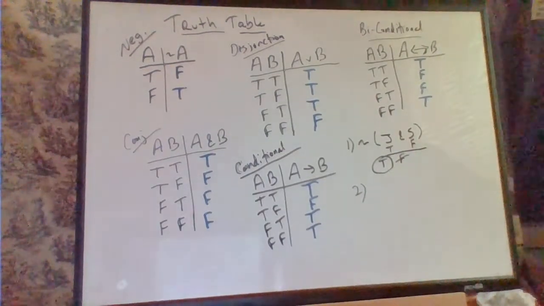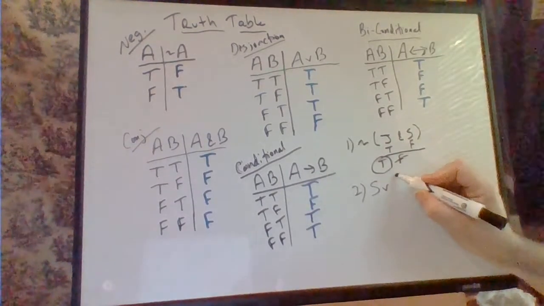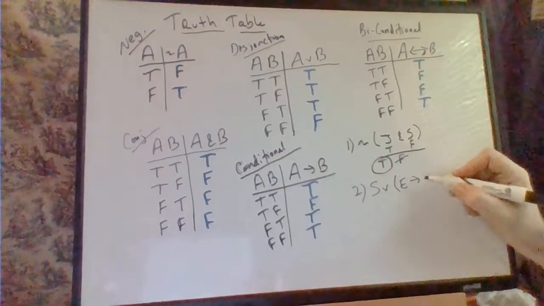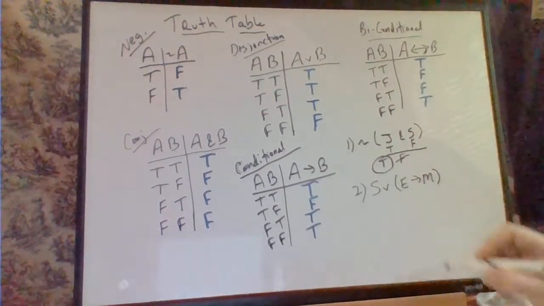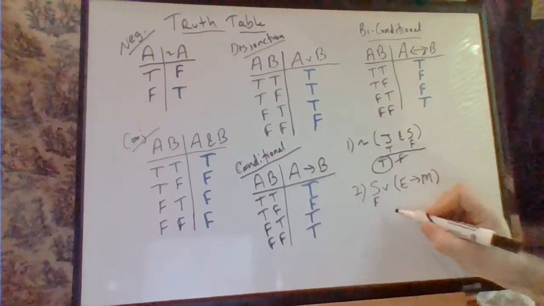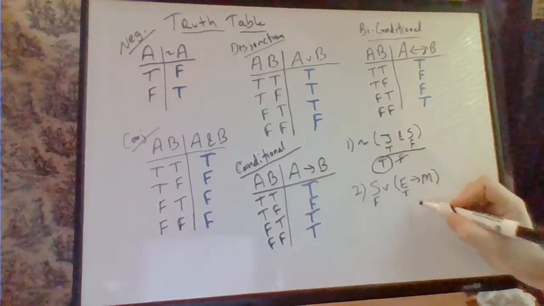The second one, either the Sun is a planet, or if the Earth is a planet, then there is intelligent life on Mars. Okay. The Sun is a planet. That's false. We've seen that. The Earth is a planet. That is true.